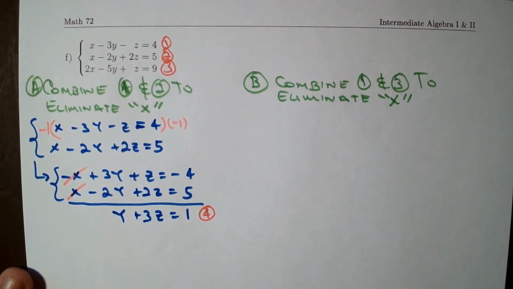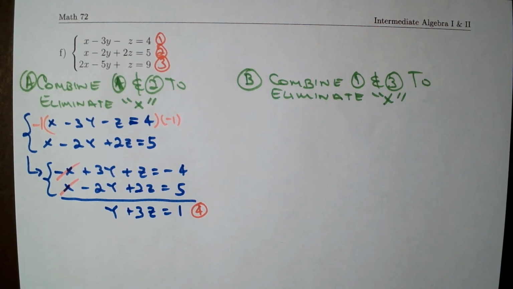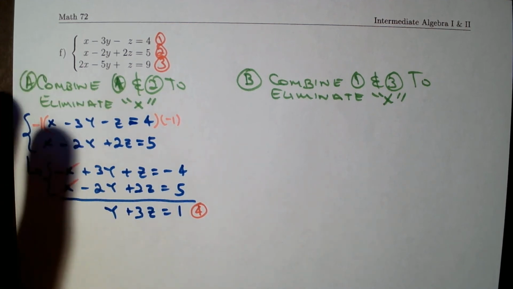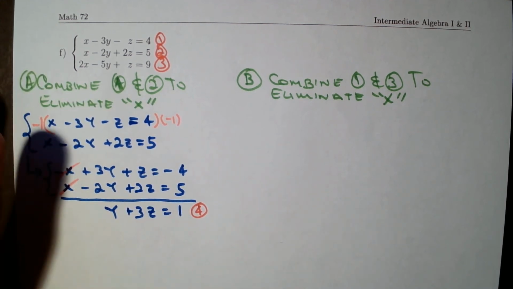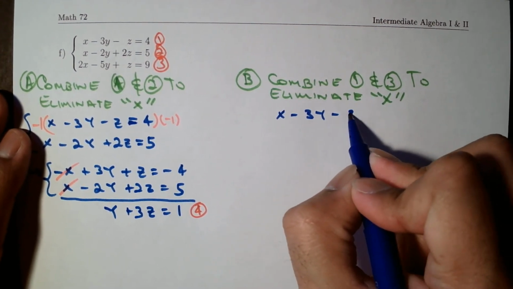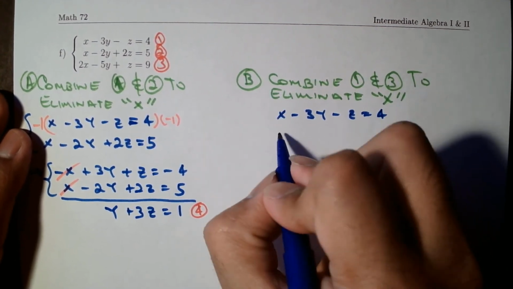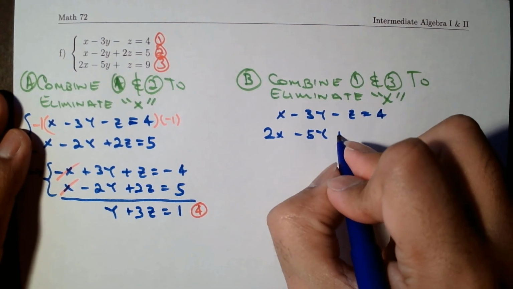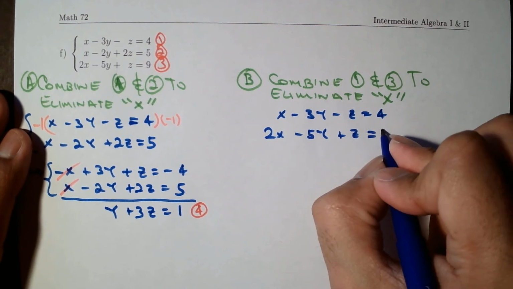Remember, when we do this combination, we need to eliminate the same variable so that when we get the reduced equations, they both depend on the same y and z. All right, let's combine those equations. x minus 3y minus z equals 4, and 2x minus 5y plus z equals 9.